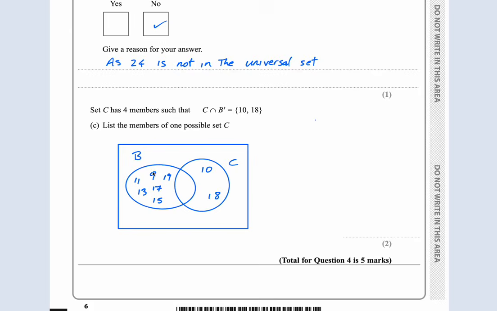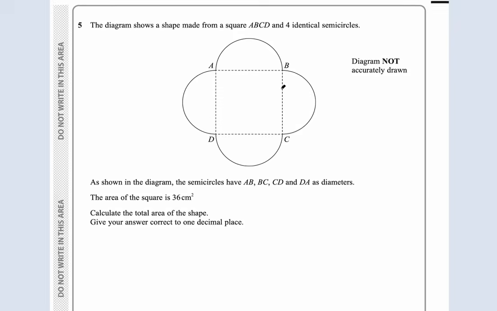So 2 of these has to be in here. Now guys, which 2 can it be? Well, the answer is any 2. You can pick any 2 and put them there, because now they're still in B, but now C has 4 members. So he just wants us to list one possible set, so I'm just going to do this. It's 10, 18, 15, and 17. These don't have to be in order, guys, but anyway, there you go.